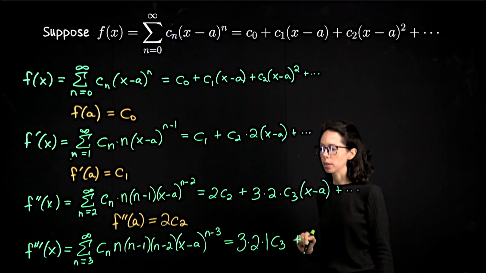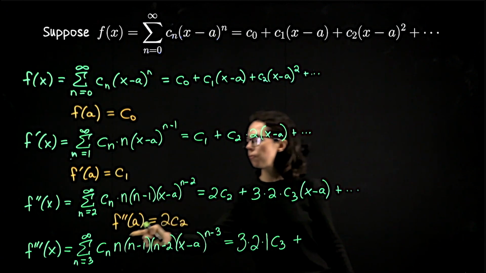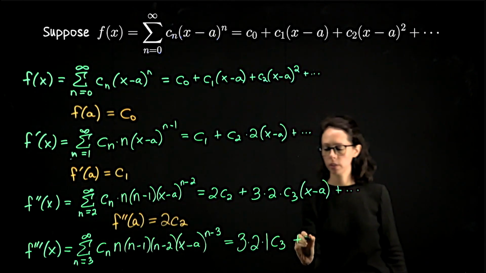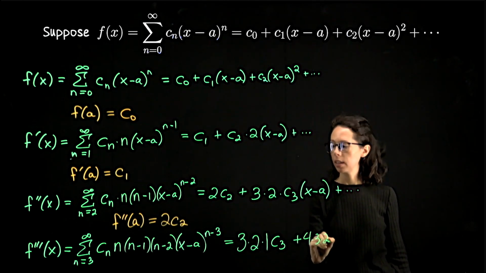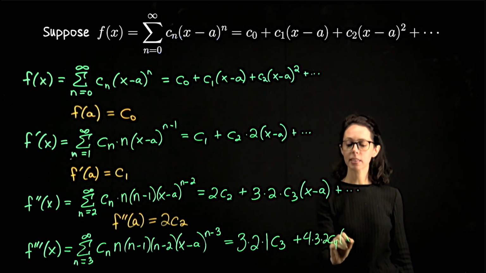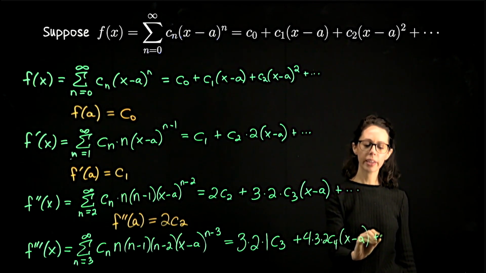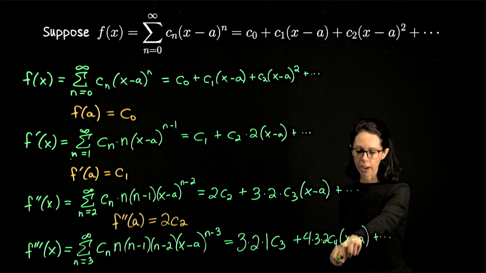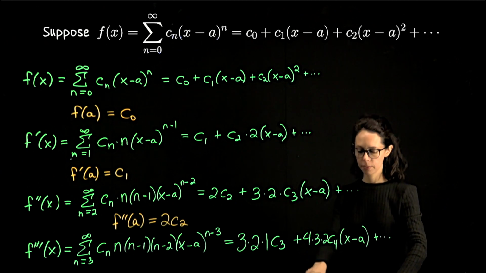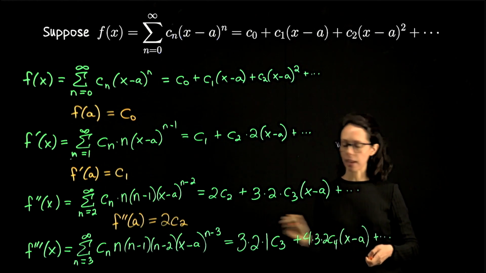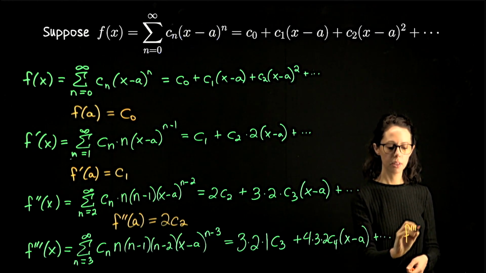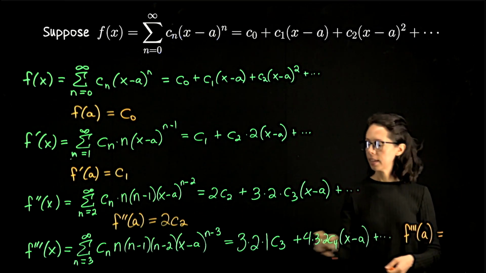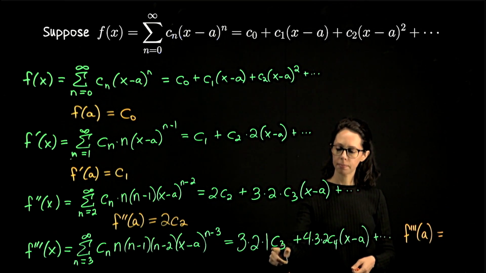And then the next term would be when n equals 4, 4 times 3 times 2, c4 times x minus a. And I don't really care about that term or anything that follows, because what we're about to do is plug in a for x, wiping out everything here, so that we can conclude that f triple prime at a is this expression.